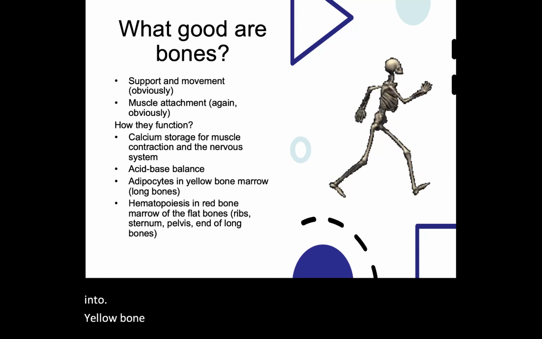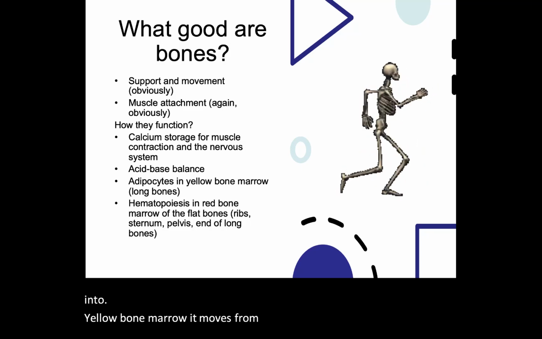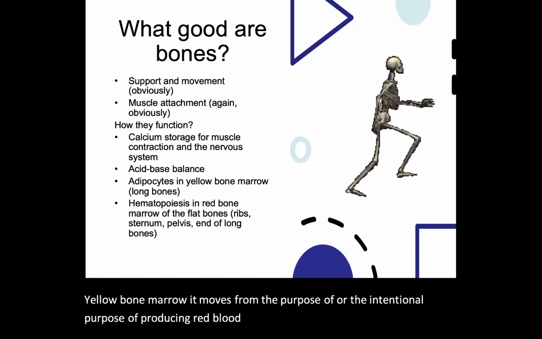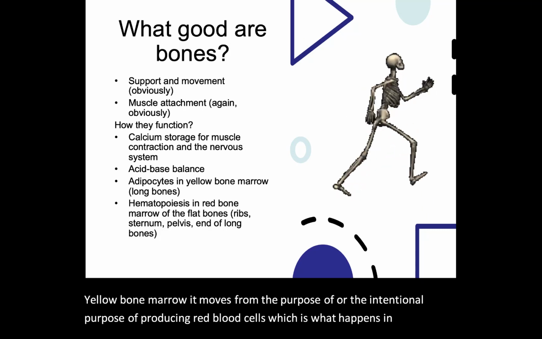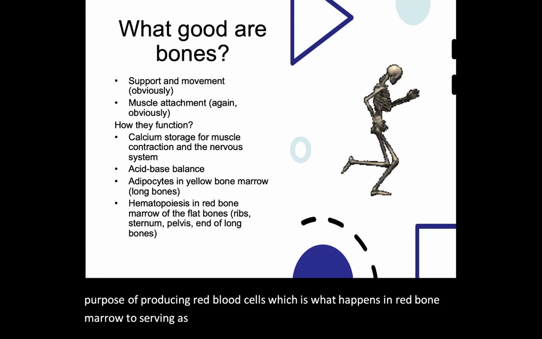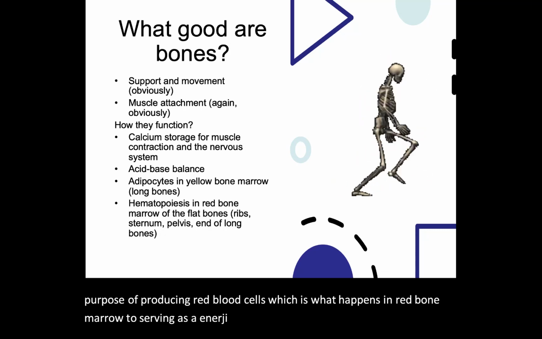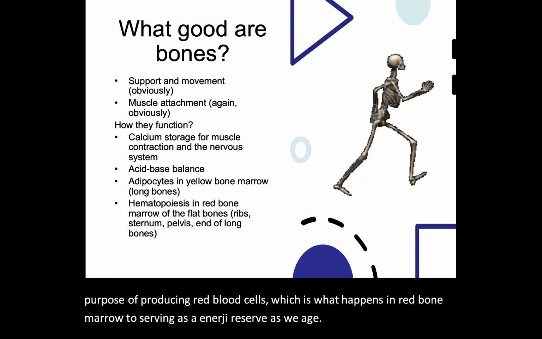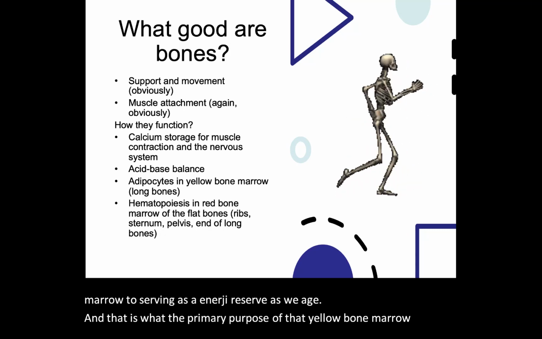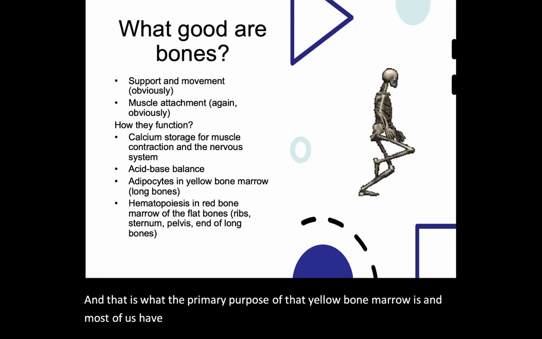It moves from the intentional purpose of producing red blood cells, which is what happens in red bone marrow, to serving as an energy reserve as we age. That is the primary purpose of yellow bone marrow. And most of us have seen that yellow bone marrow.